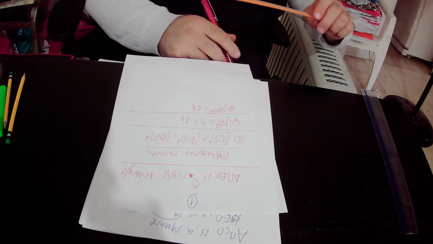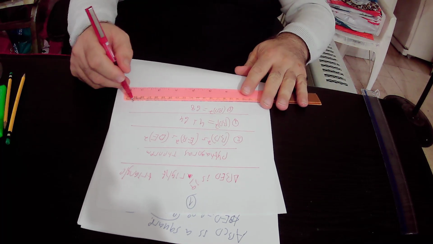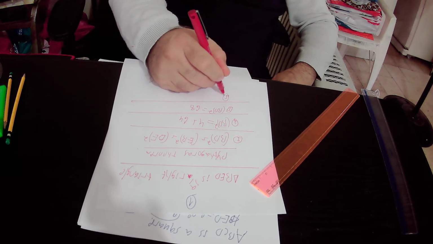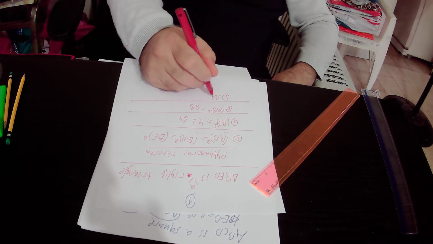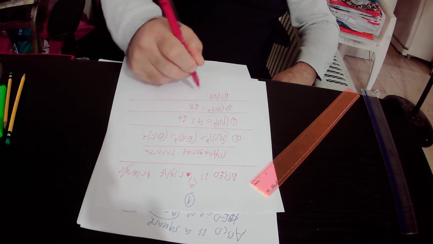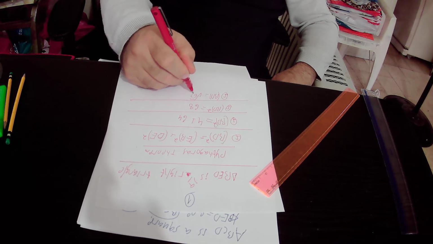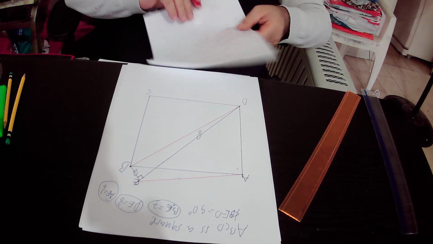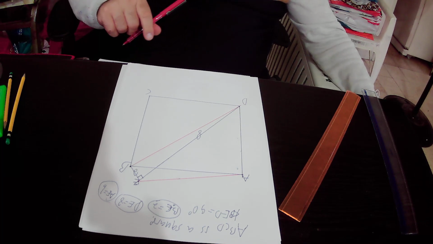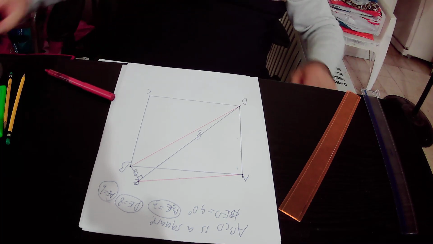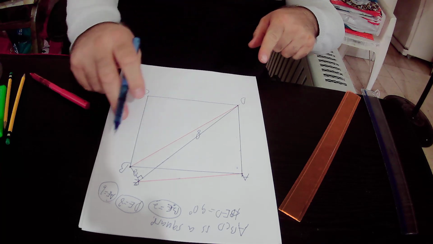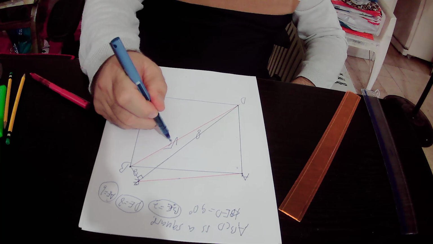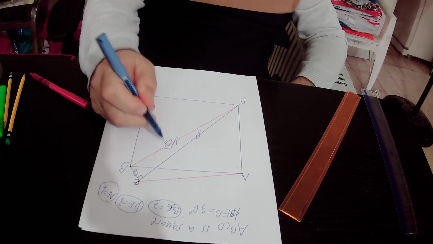Here we will take the root of equation number 1 and we get that BD equals the square root of 68. So we found that the diagonal BD equals the square root of 68 units.